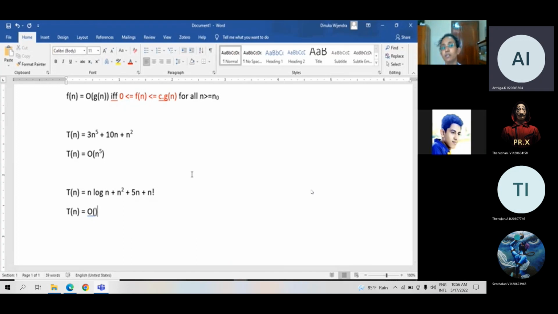If you have log terms and factorials mixed in, it's very difficult to say the answer. So remember that you have to know this condition.